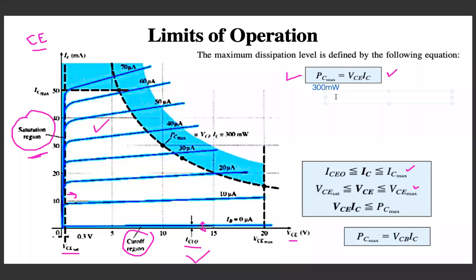So we will divide 300 milliwatt by 20 volt, and what we will get, that will be 15 milliampere. So you can see right here that this particular point corresponds to 15 milliampere and 20 volt.